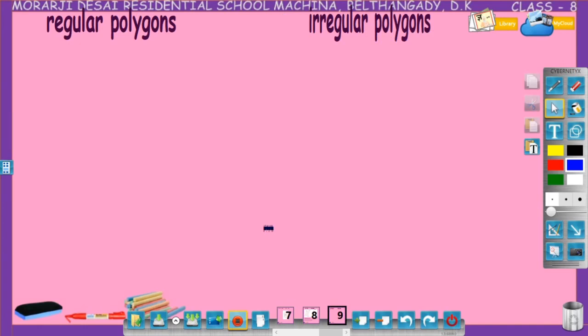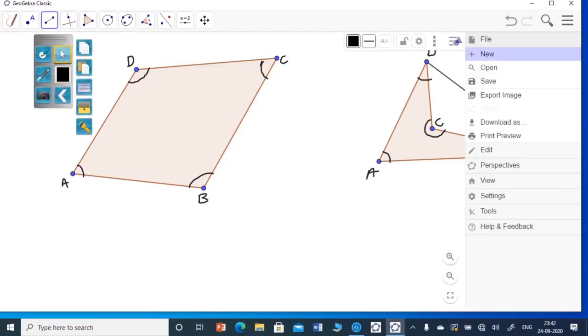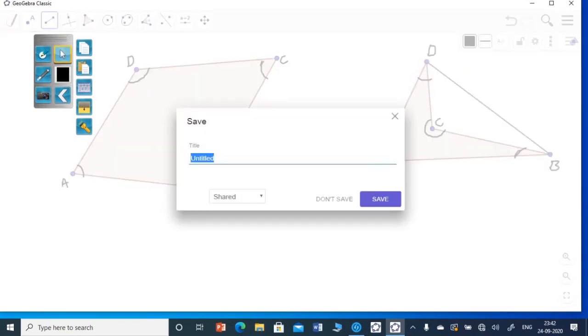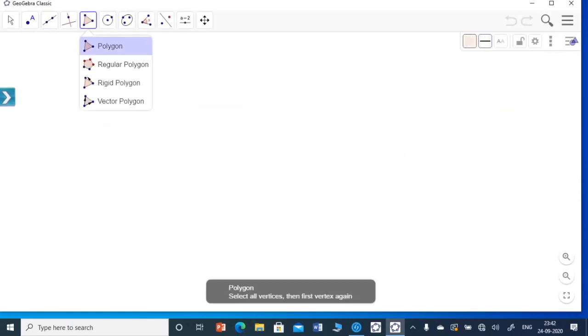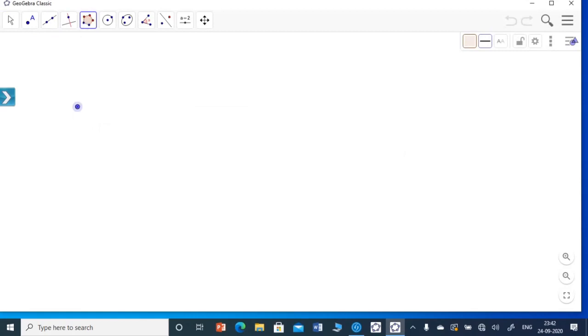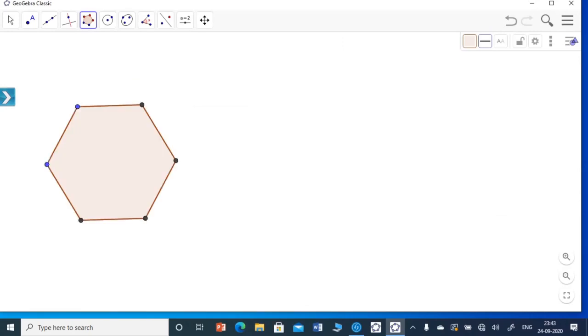Now see about regular polygons and irregular polygons. What do you mean by regular and irregular polygons? Now it is a hexagon.